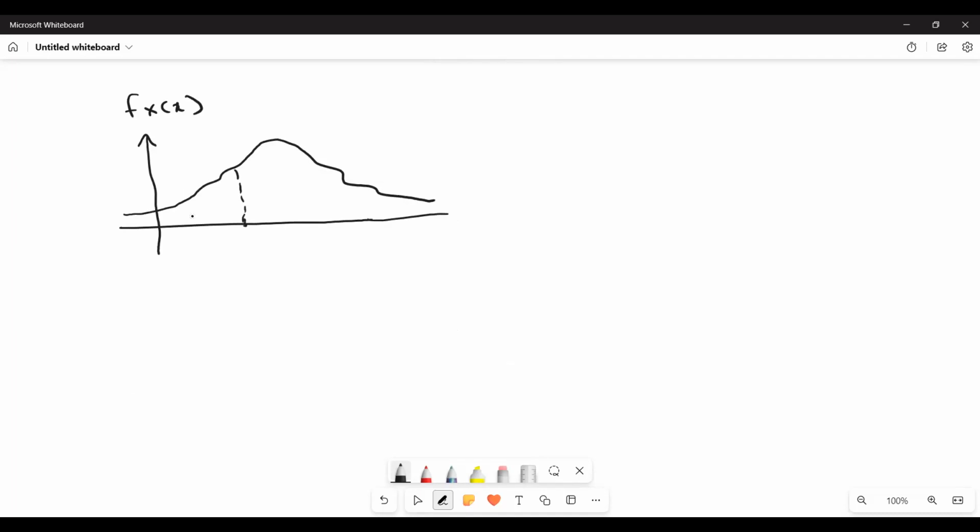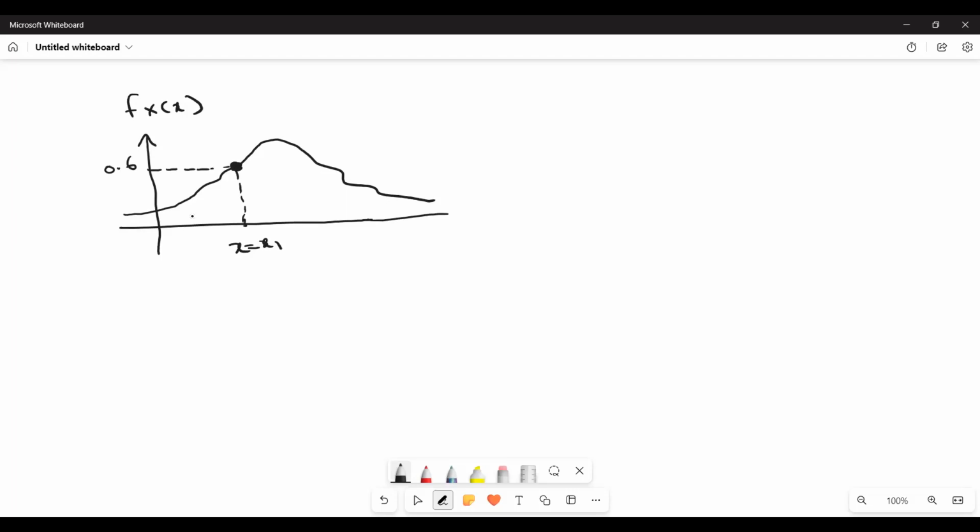As I said before, I cannot find the value of this point exactly from this y-axis. I cannot say the probability of getting the x equals x1 outcome from that certain random experiment or random event is 0.6 or 0.7. I can't directly read it from this distribution function, right?